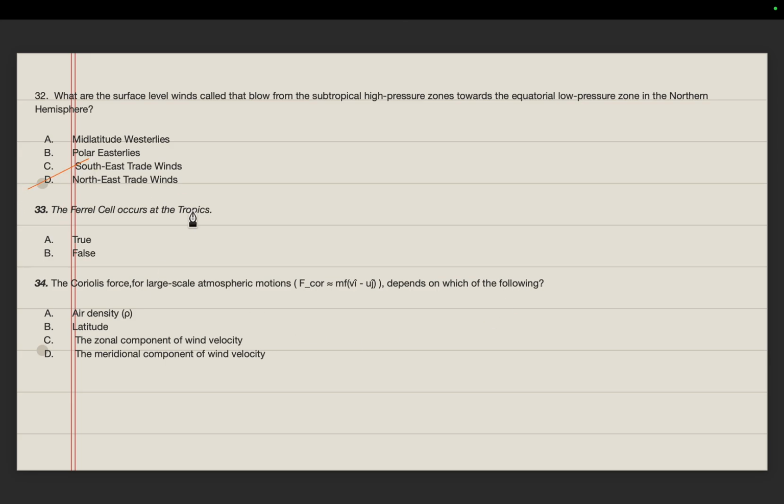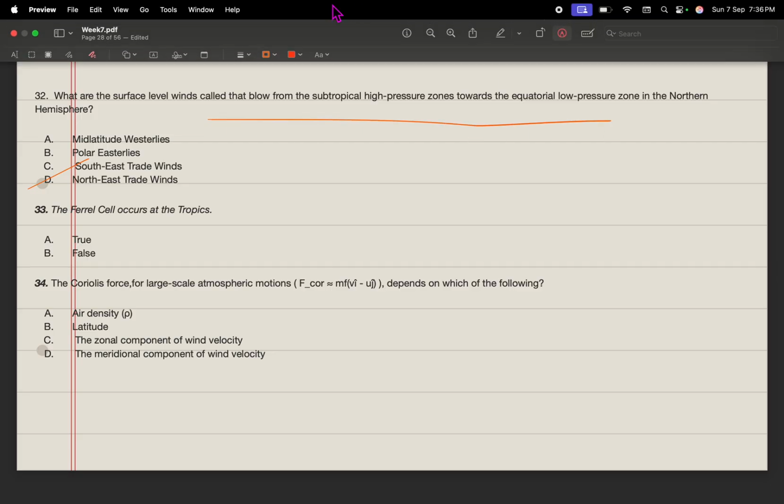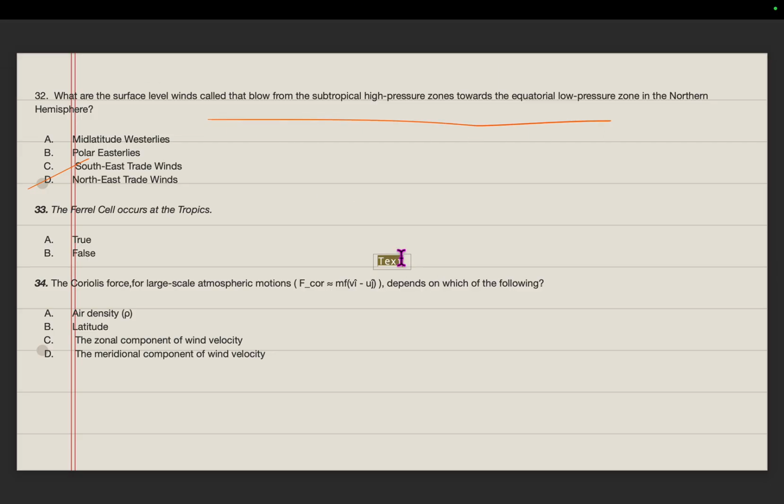Northeast trade winds. Question 32, option D is correct. This is the Hadley cell, this is the lower component, the ground component, the surface component of Hadley.